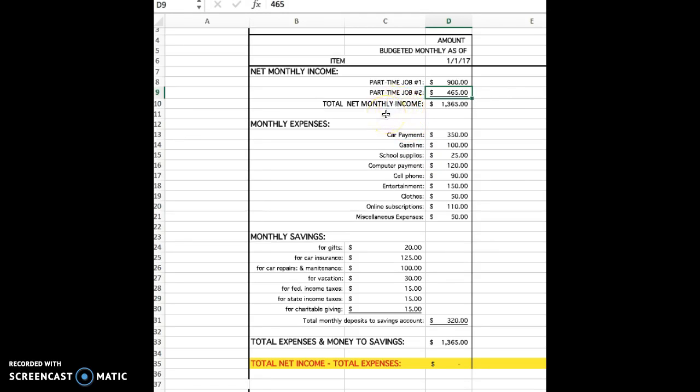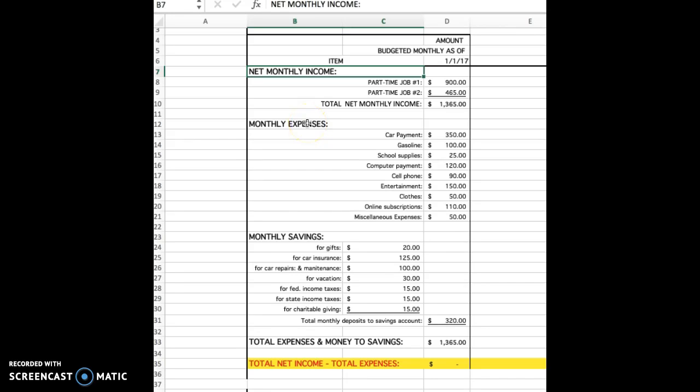This budget is for a typical high school student who has a couple of part-time jobs. So this high school student has part-time job number 1 and also part-time job number 2. And you see, as we pointed out before, the two amounts that this person makes monthly.